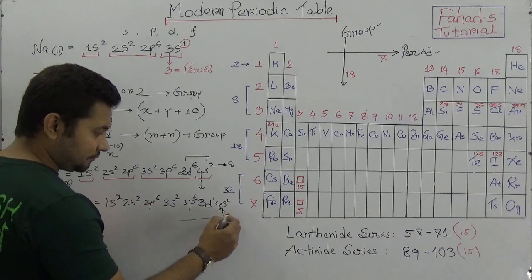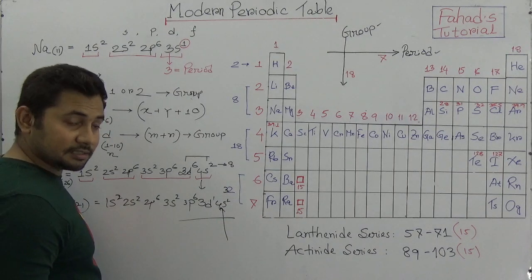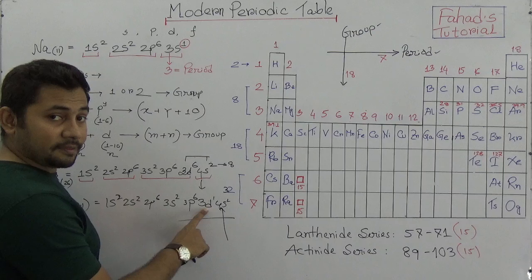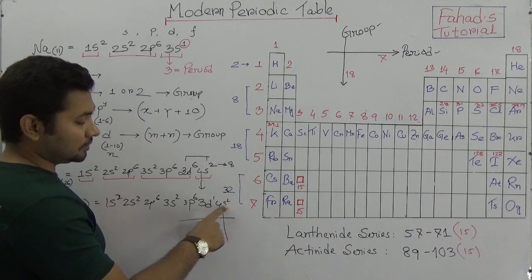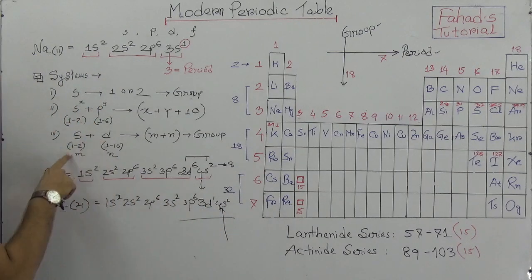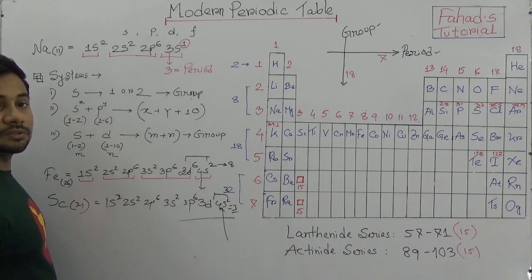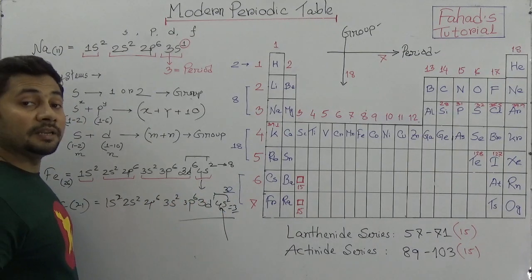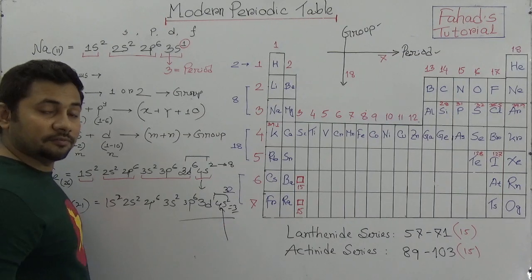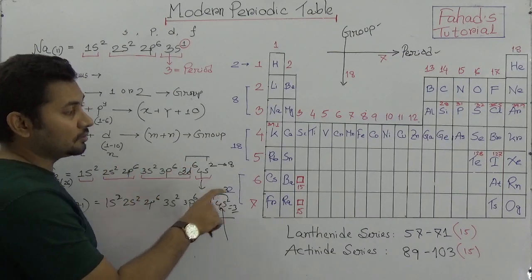Now you see 4 is the 4th period. It has only d1 and 4s2. So if you add d and s, that is 1 and 2, which is equal to 3. So scandium belongs to the 4th period and 3rd group.